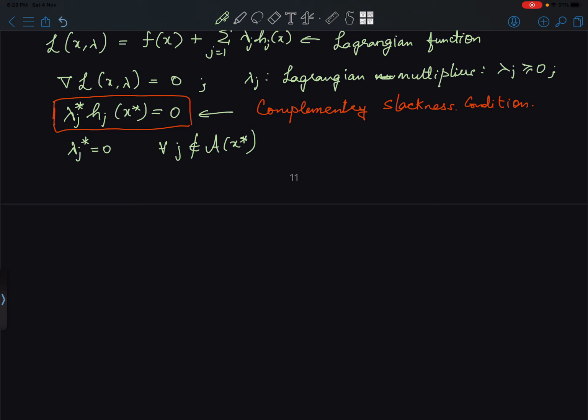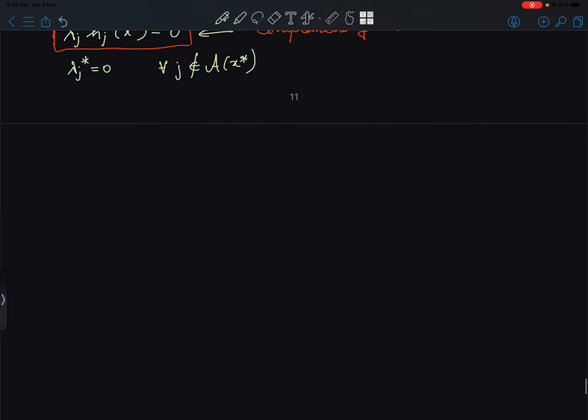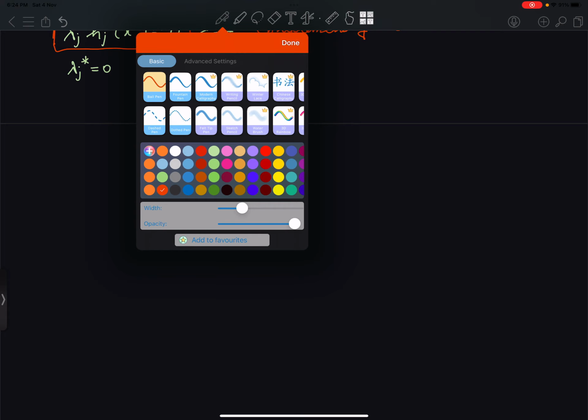To understand how we come up with KKT points if we have a constraint optimization problem, let us take an example.